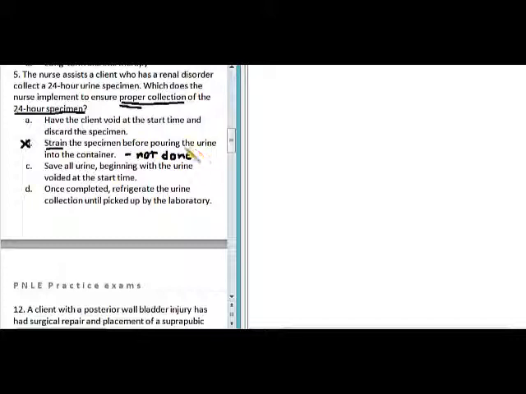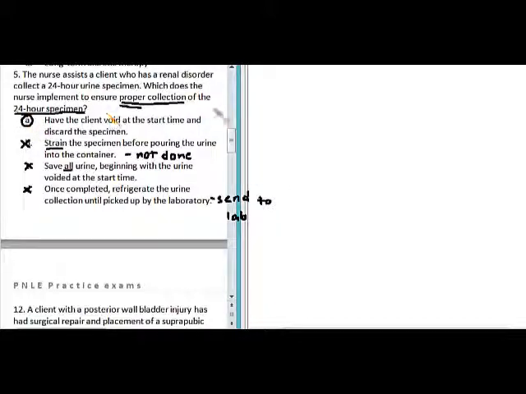Save all urine beginning with the urine voided? No. You ask the client to void and discard before starting 24-hour urine collection. From that point in time up to the end, that's the only urine specimen that you will be considering. And D is wrong because you need to send this to the lab immediately. The answer here is letter A.